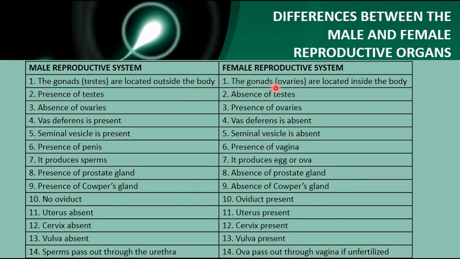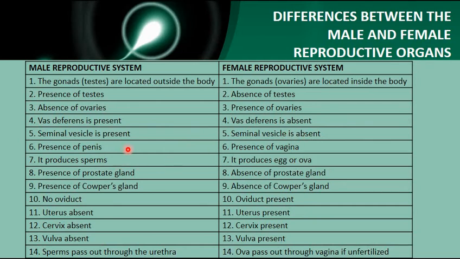We have presence of testes here, absence of testes there; absence of ovary here, presence of ovaries there; absence of vas deferens, presence of vas deferens. Seminal vesicle is present in the male reproductive system and absent in the female. The presence of penis, presence of vagina. It produces sperm; it produces egg or ovum.